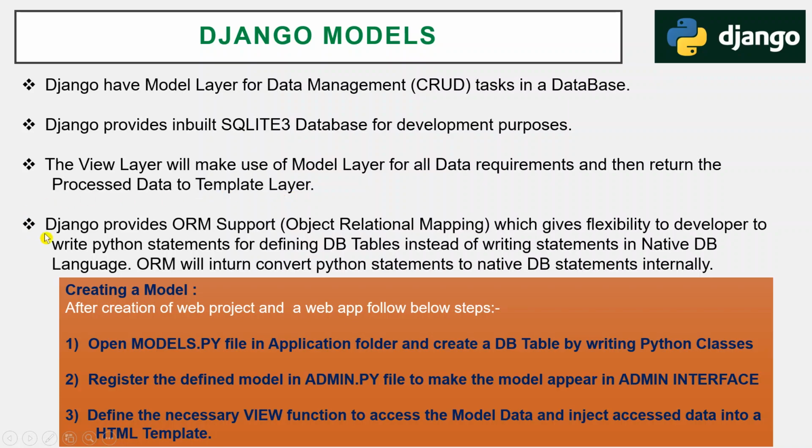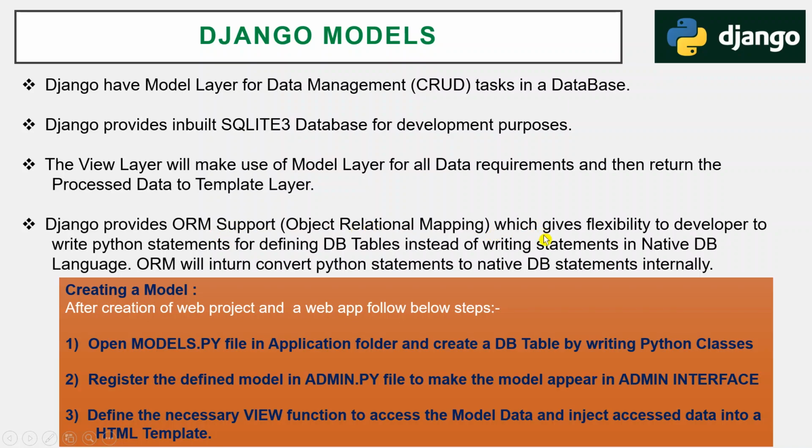And then the next point is Django provides ORM support. ORM means object relation mapping. That means it will treat all the database tables and the data as objects, friends.